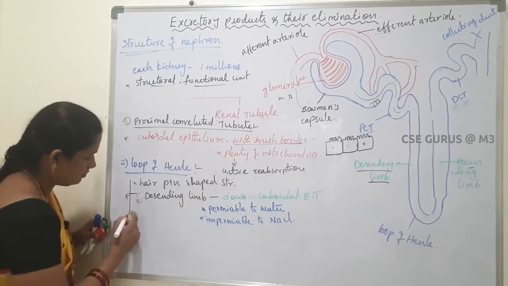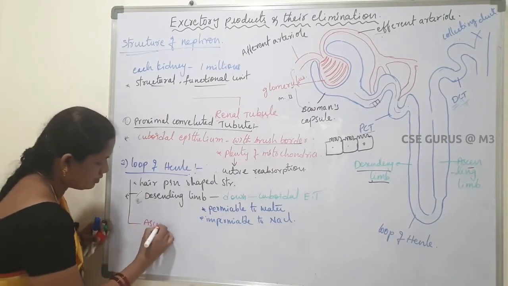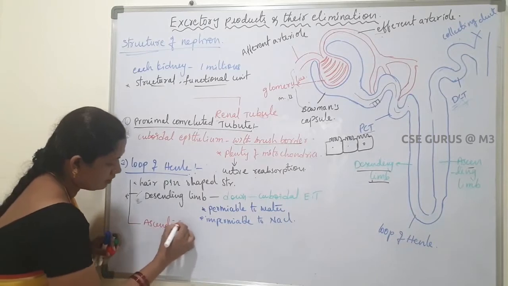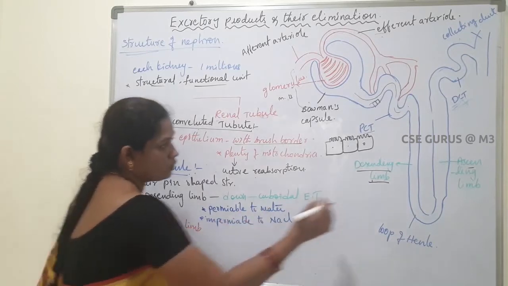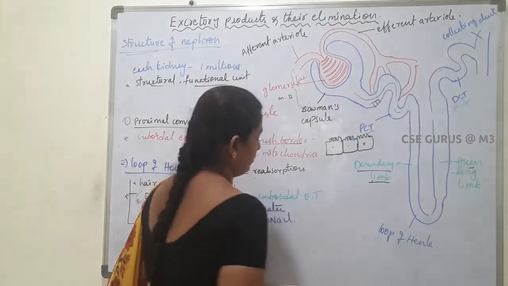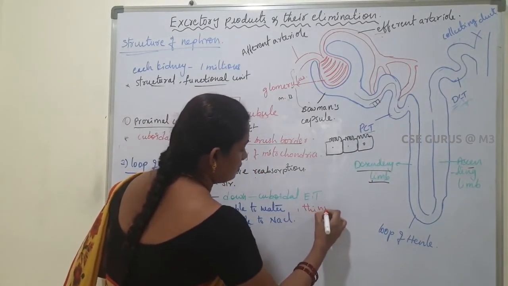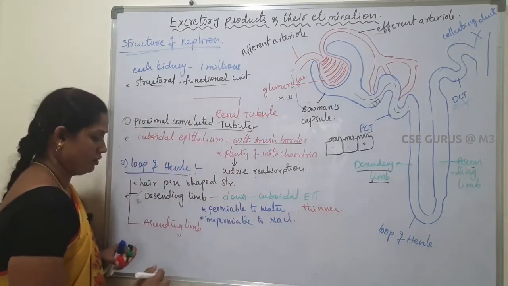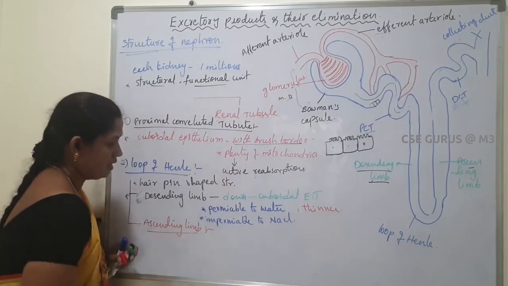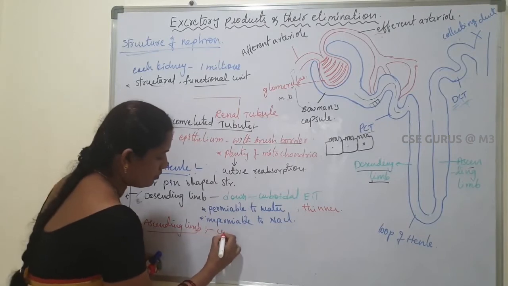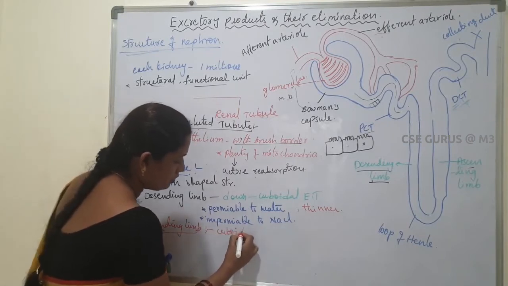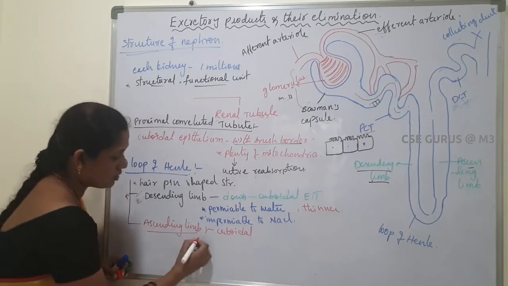Next, the ascending limb. The descending limb has a slightly thinner wall. The ascending limb is also made up of cuboidal epithelial tissue.